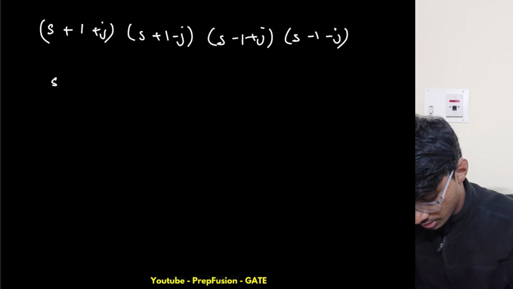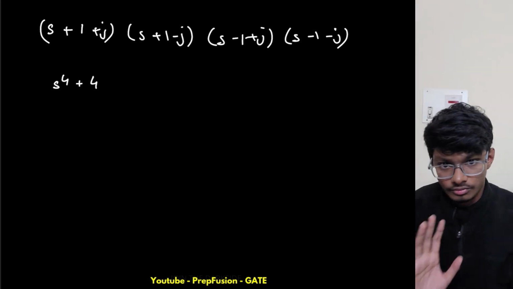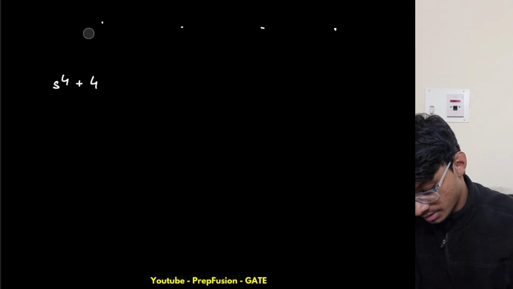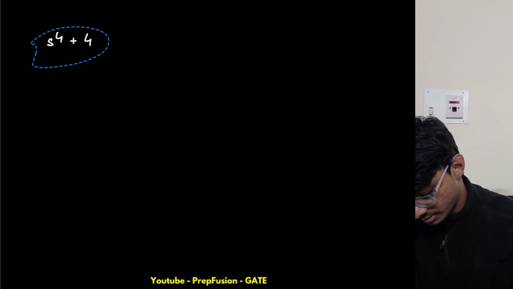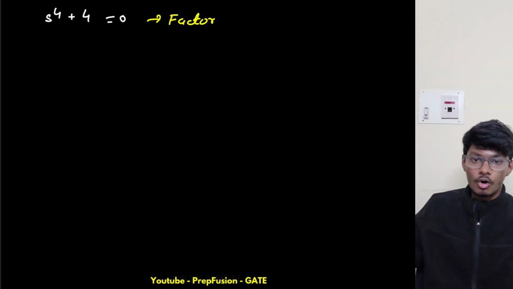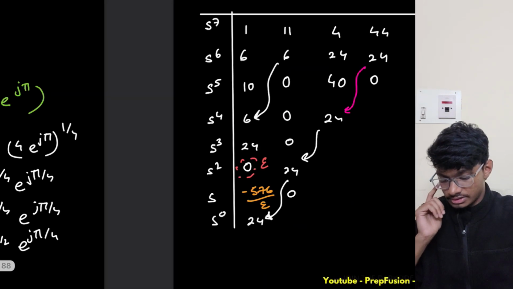You get s to the power 4 plus 4, right? You will get this one, trust me. So after multiplying all of these 4, you get this factor. So basically if I divide the whole polynomial by the factor, then I will get my other factors.